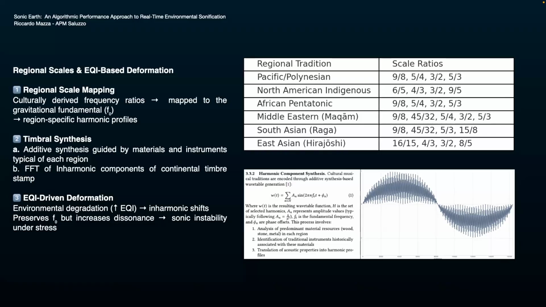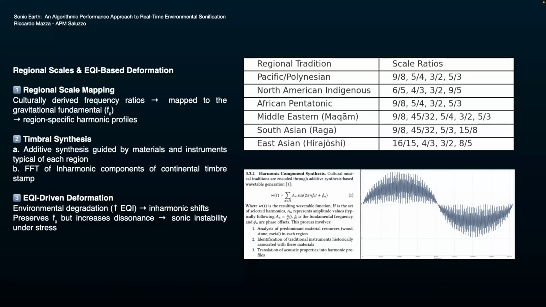The timbrical synthesis is like a timbre stamp and comes from Barry Truax's ideas and also Schaeffer, like the tuning of the earth, representing a kind of timbrical cultural layer. For example, the bells in the Western part, like church bells, are different from the bells of the Eastern part.